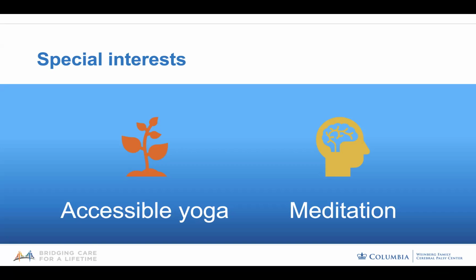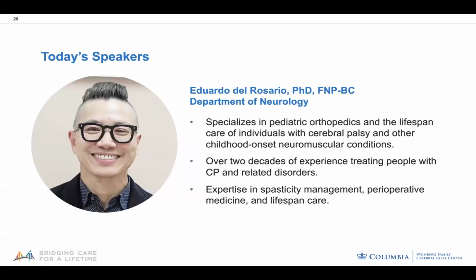Eduardo Del Rosario, who's going to speak next, is a little bit different. He actually has a whole series of skills and experiences that are certainly beyond mine. And that is really his interest and experience in working with people who are transitioning from childhood to adulthood, and also adults with cerebral palsy.